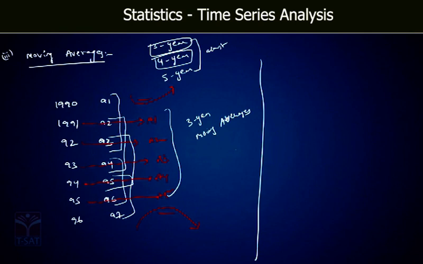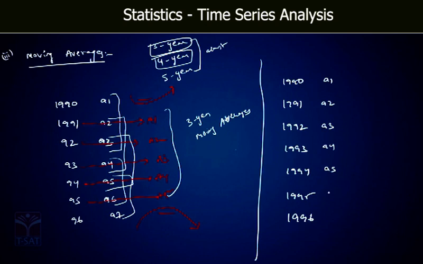Now we'll see the 5-year moving average. Years 1990, 1991, 1992, 1993, 1994, 1995, and consider 1996. In the same way, they have the values A1, A2, A3, A4, A5, A6, and A7. In the 3-year moving average, we consider 3 years and find their average.